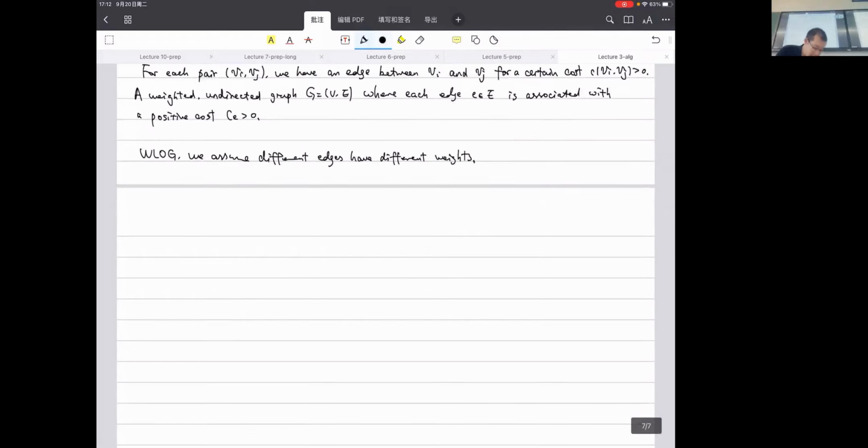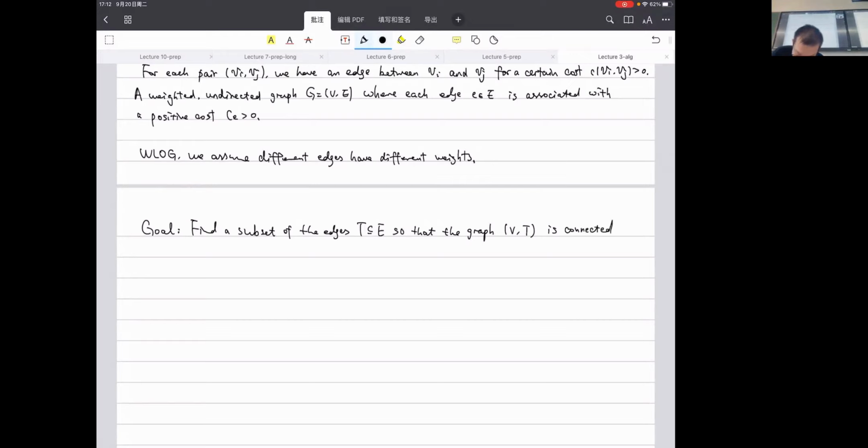So the goal here is to find a subset of edges, a subset of E, so that the graph (V, T) is connected.